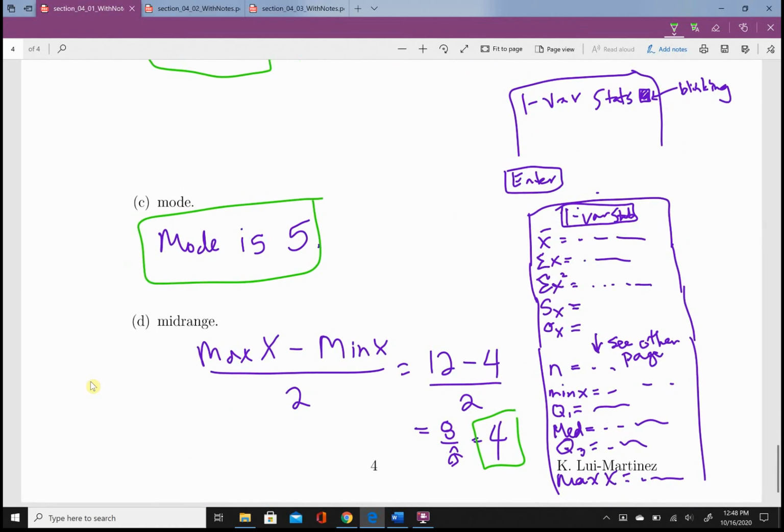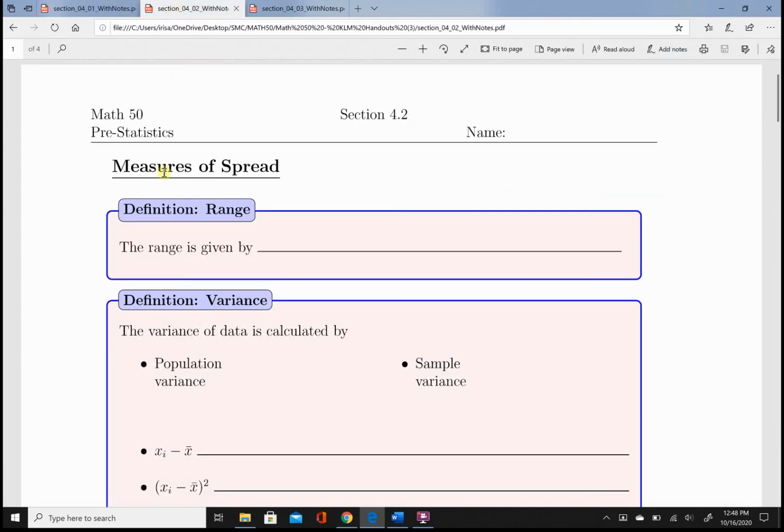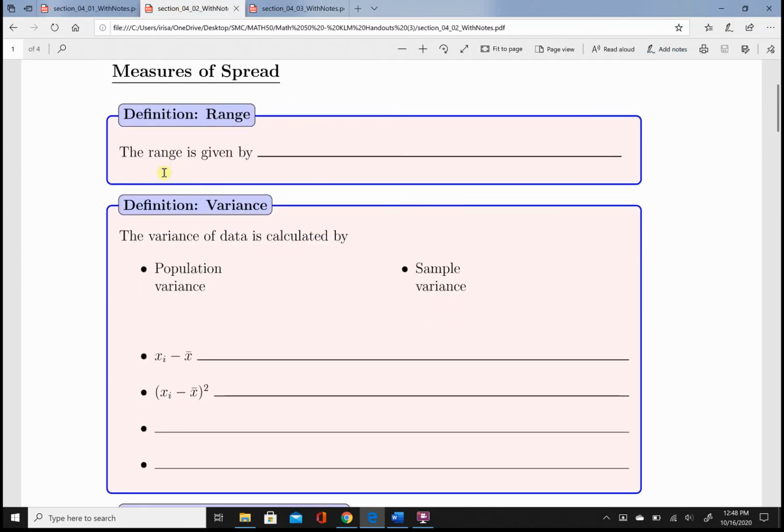Okay, so that's it for this first section on measures of center, and now let's go ahead and dive right into measures of spread. So the range, how do we want to define this, is basically the difference between the smallest and the largest values.